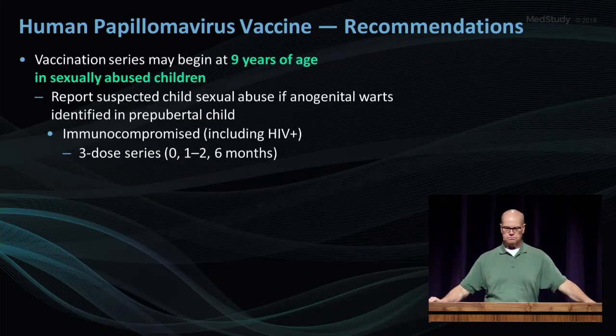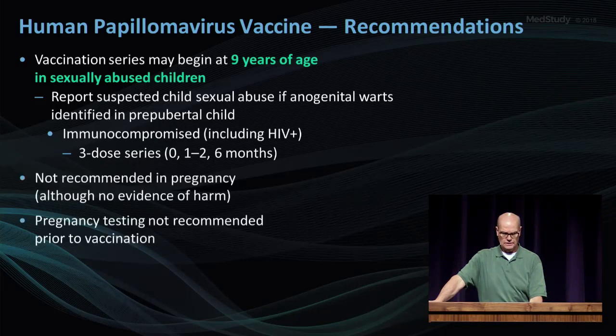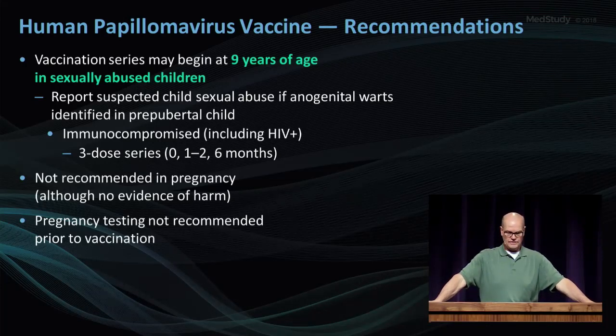Vaccination series, really important to remember to begin it at 9 years of age in children who have been sexually abused. Also, you should begin it at 9 years of age in those who are immunocompromised. Don't wait until the routine 11 to 12-year-old. Not recommended during pregnancy, and pregnancy test is not recommended prior to vaccination.